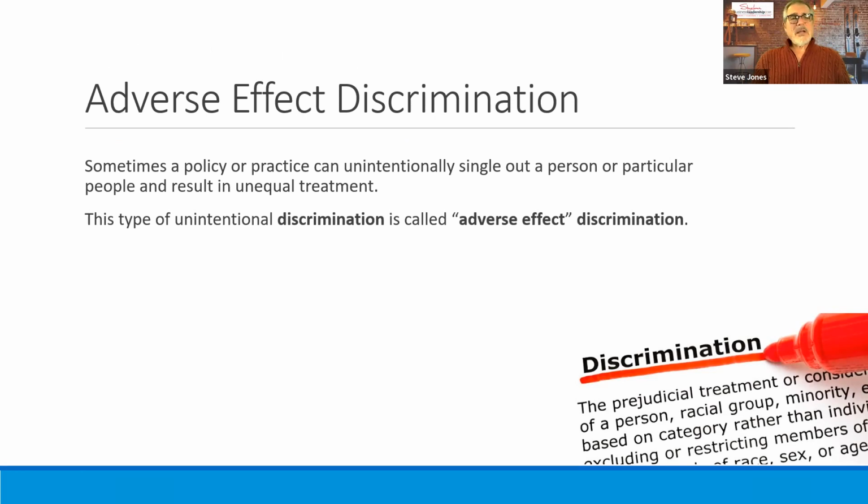And so they come along and they create a policy or practice that unintentionally singles out a person or a small group of people or a particular group of people and results in unequal treatment. So this type of unintentional discrimination is called adverse effect discrimination.